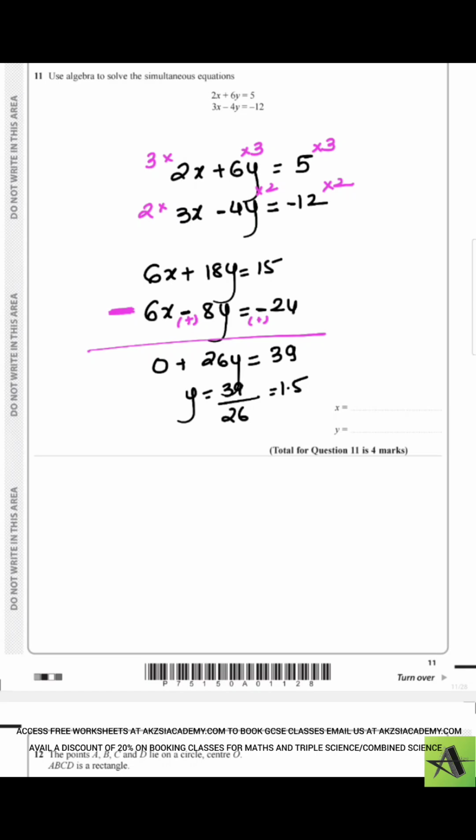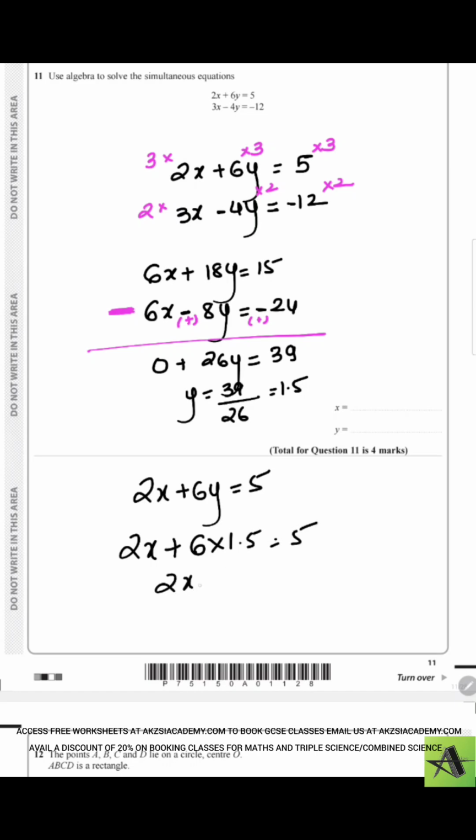And here, if you have already calculated the value of one variable, the other value can be calculated by substituting it into any of the equations. So if I substitute into 2x plus 6y equals 5, in place of y I'll write 1.5.